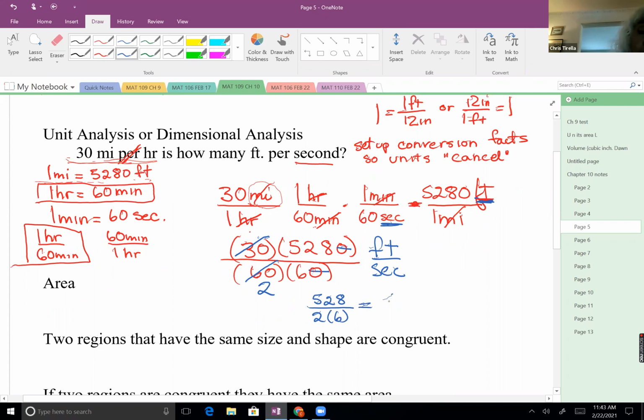So that would be 528 over 12. So if I take that 528 and divide it by 12, let's see, 12 into 52 would be 4. Oh, it's going to give me 44 feet per second.